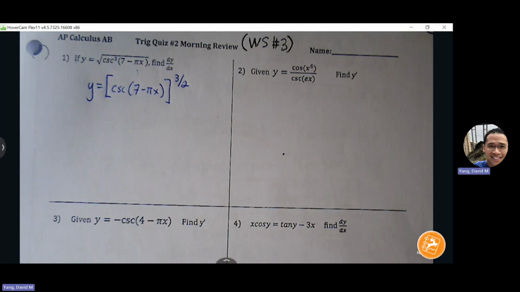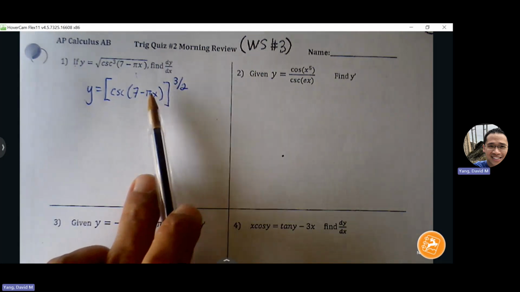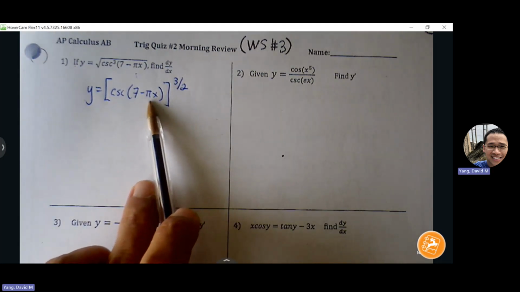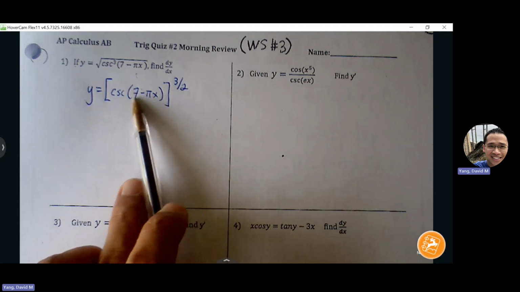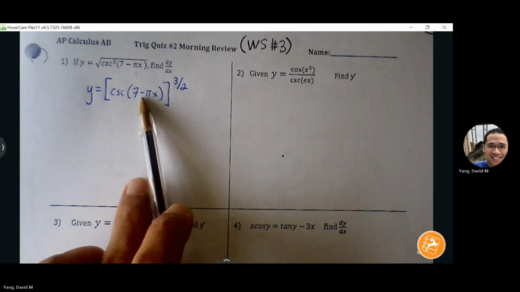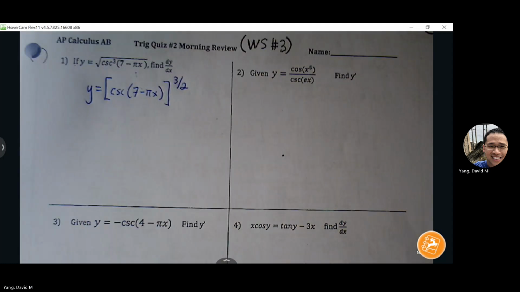Okay, go through chain rule. Outside's derivative times inside's derivative. What do you mean there's a pi involved in that? Think of pi as just the coefficient. It's like a 3 or 4 or 5. So what's the derivative of 7 minus pi x when you get to it? Just negative pi, right? The x goes away. Imagine it was 7 minus 3x, it'll become negative 3.